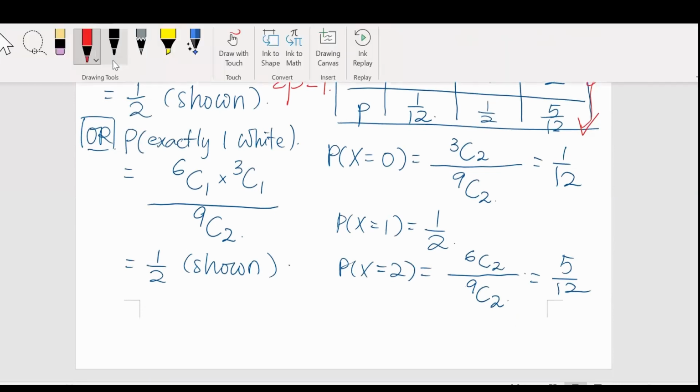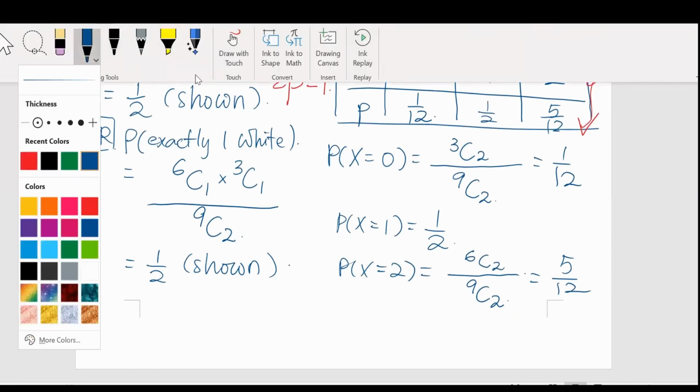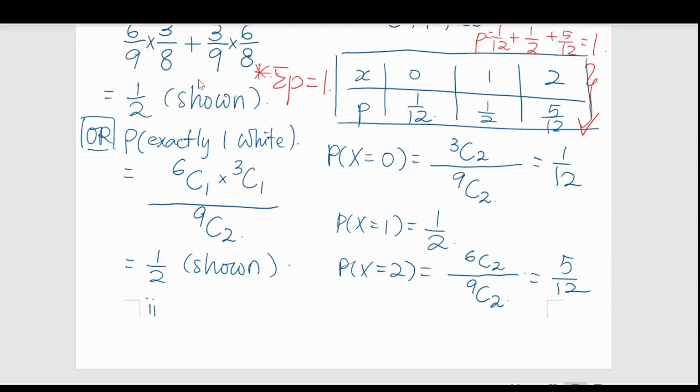Now, how do we do the calculations? Like this. I put it here, part 3. E of x, which means the summation of all x times p, right? So what are the x values? 0, 1, and 2. X times p. So x is 0, p is 1/12. And then you sum them up. So plus, when x is 1, the corresponding probability is half.